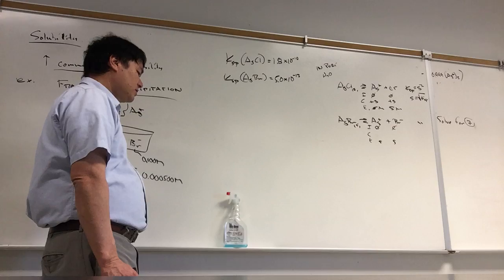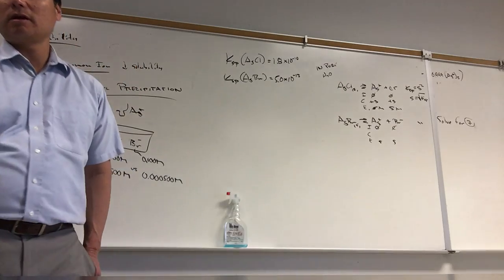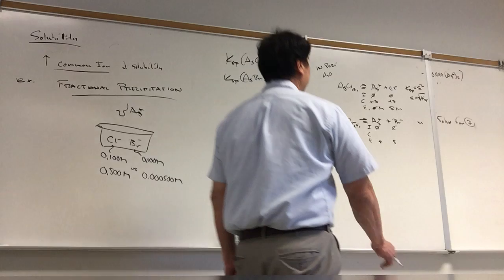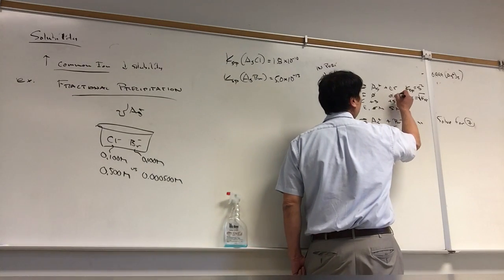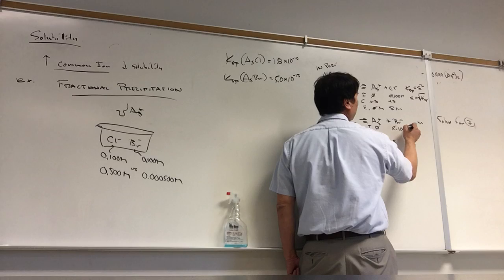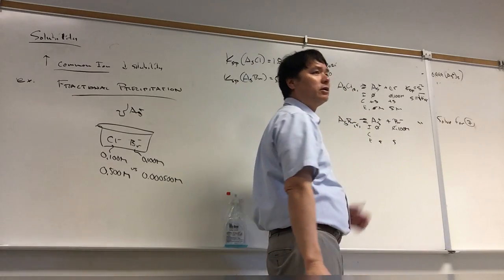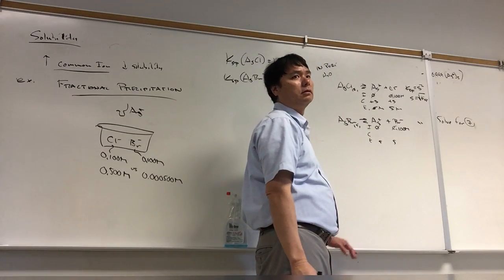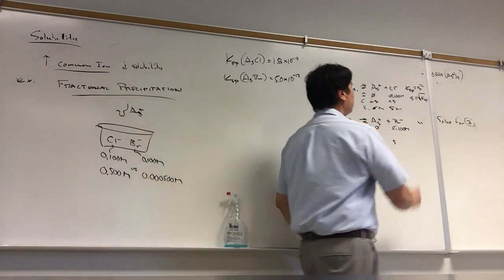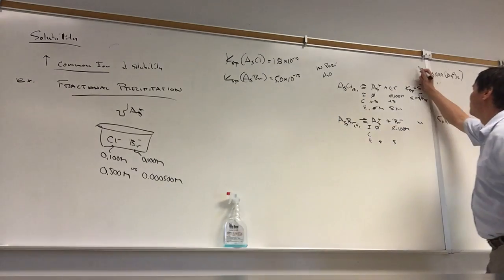But all of a sudden, if we start putting common ion in there, common ion is going to change its solubility. So for example, if we start off with 0.100 molar chloride and 0.100 molar bromide, then the solubility is going to go down, right? The solubility goes down because now the solubility is not dependent on just this.